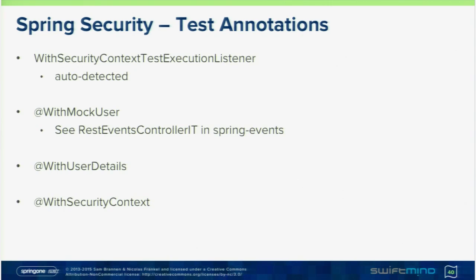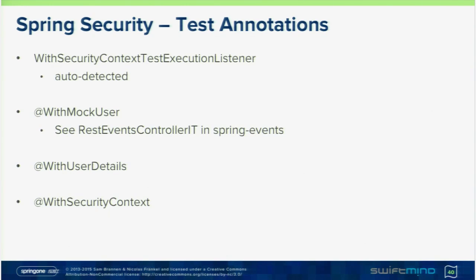So for some examples, we have @WithMockUser. I'll show you an example in just a second on that one. So you can basically say, when this test method is executed, I want Spring Security's testing support to set up a user with these roles, with these authorities, stuff like that. So that you can see if invoking this method in the service layer, or invoking this REST endpoint that requires a certain user, like an admin, then you can make sure that that works.